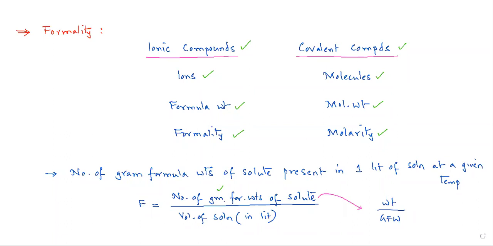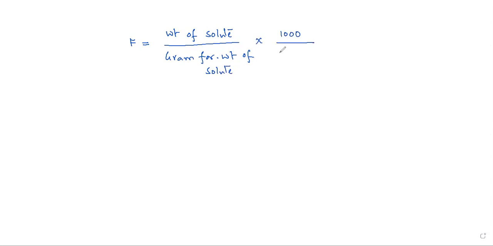So the overall thing can be written as formality is equal to weight of the solute by gram formula weight of solute into straight away 1000 by volume of solution in ml.